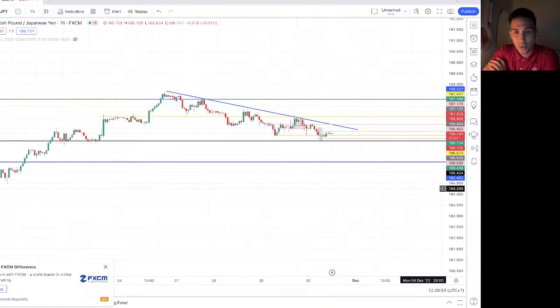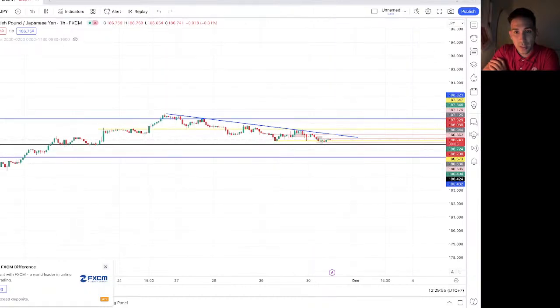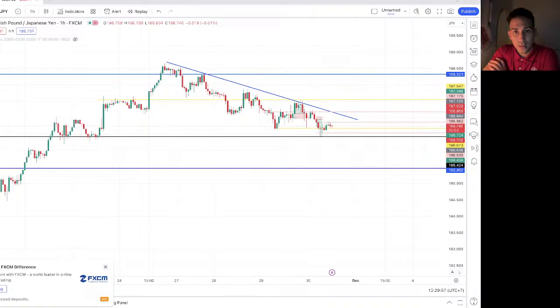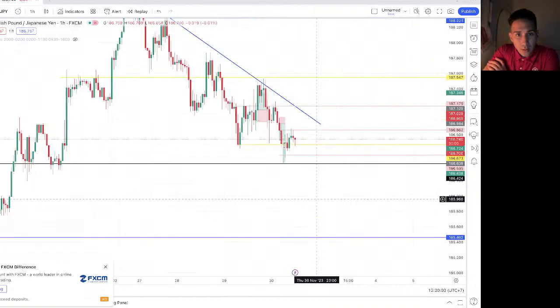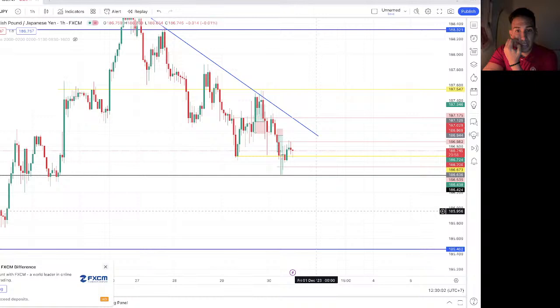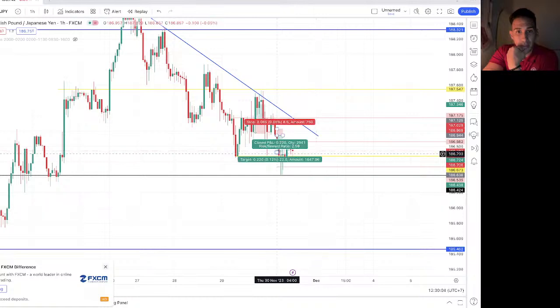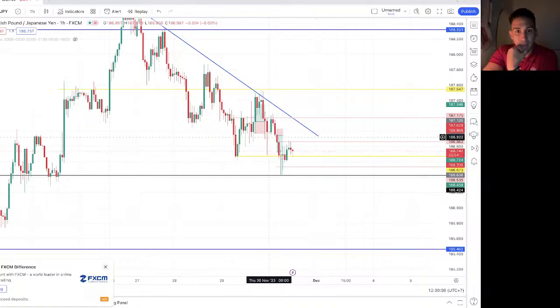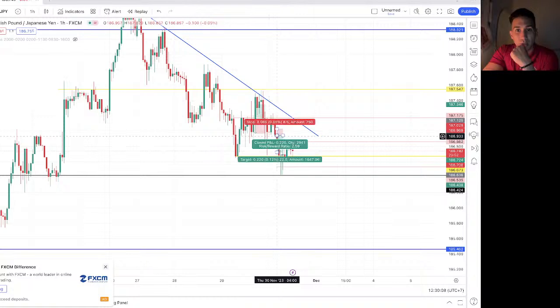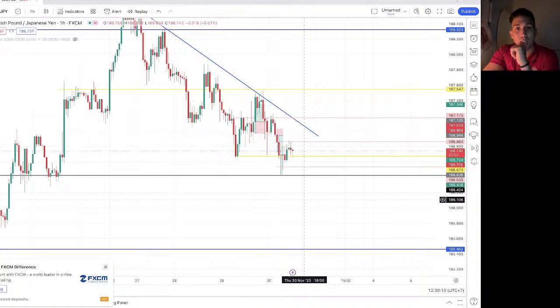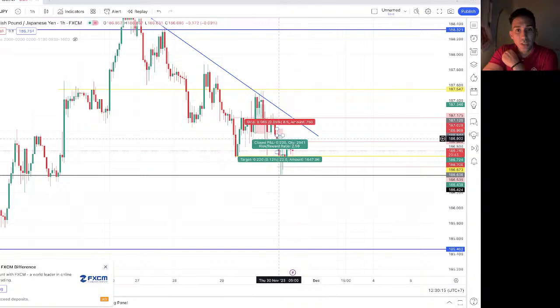So we close the day, the 1-hour candle. This is the beginning of the day. We close bullish on this candle, but you make a reversal and it's still going down.